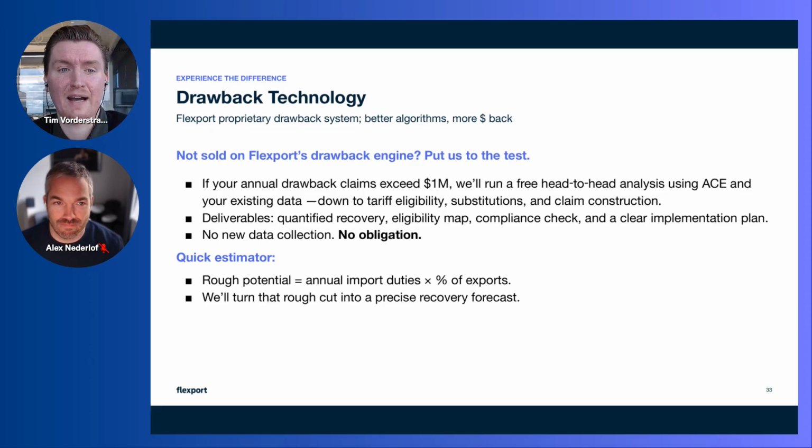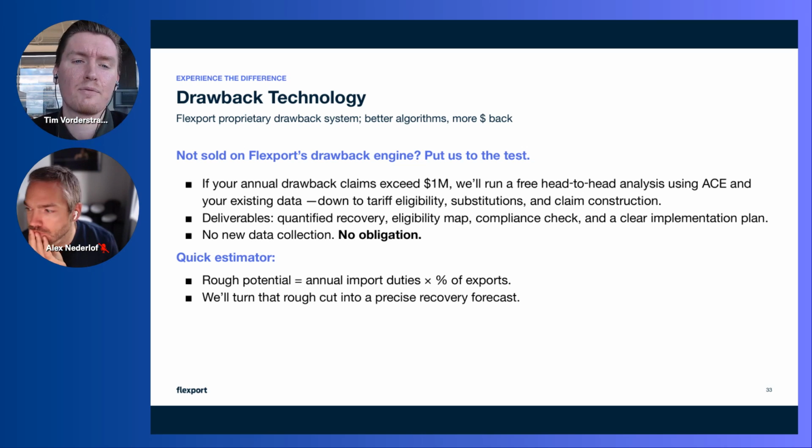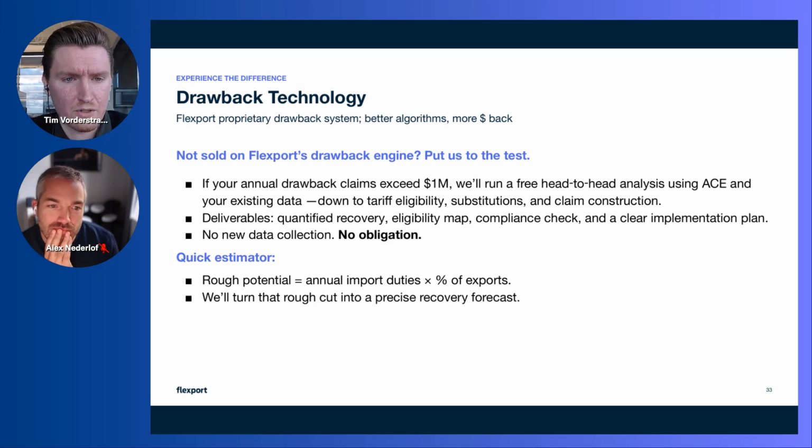If you want to understand at a high level what you're looking for in terms of your potential recovery, you can just take how much duty you pay per year and multiply that by the percentage of your sales, your shipments, that are either exported or destroyed versus consumed within the US. That X times Y will be a rough starting point for your drawback eligibility.